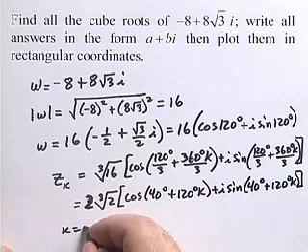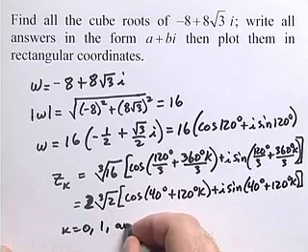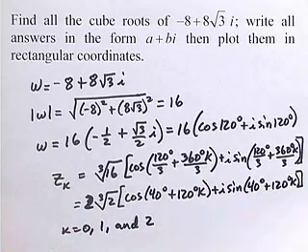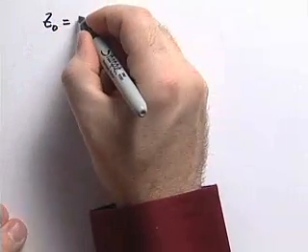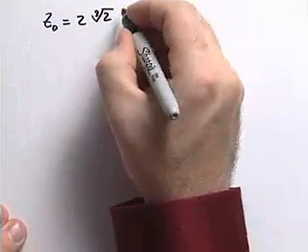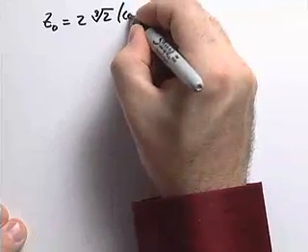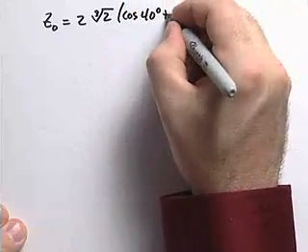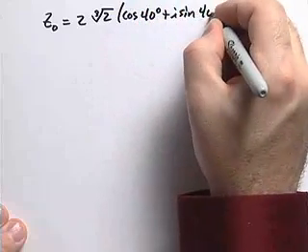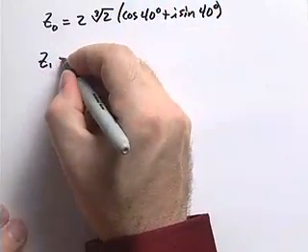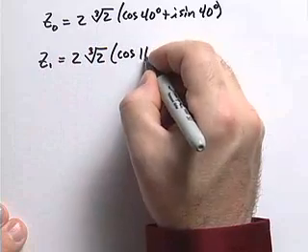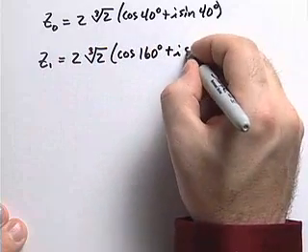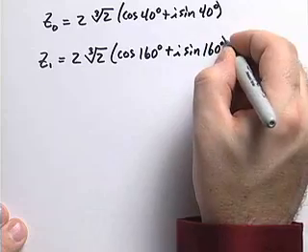Here we're going to let k equal 0, 1, and 2 to get our 3 cube roots. If we do that, we'll get that z sub 0 is equal to 2 times the cube root of 2 times the cosine of 40 degrees plus i times the sine of 40 degrees. z sub 1 is equal to 2 times the cube root of 2 times the cosine of 160 degrees plus i times the sine of 160 degrees.